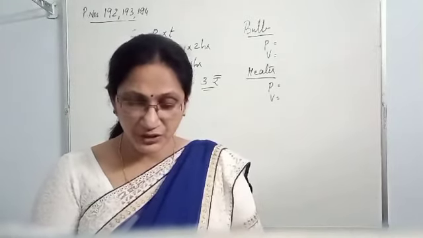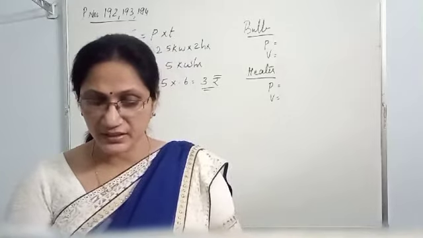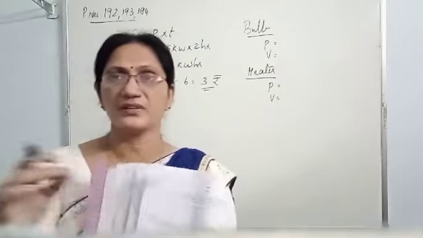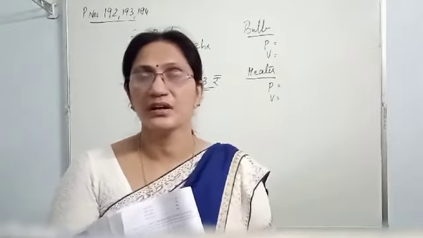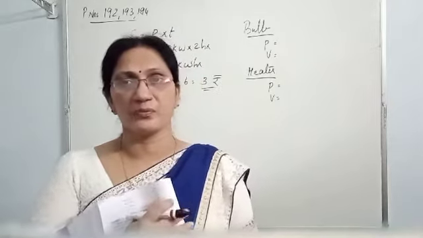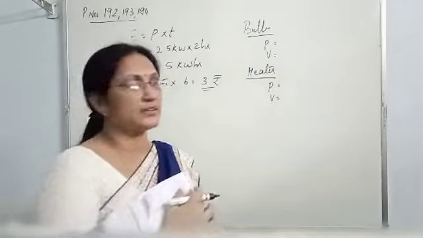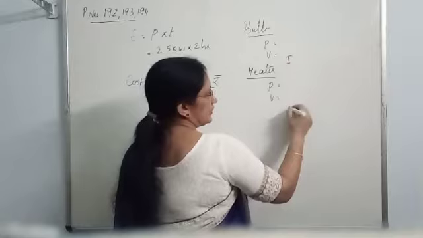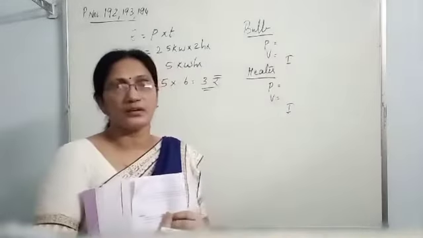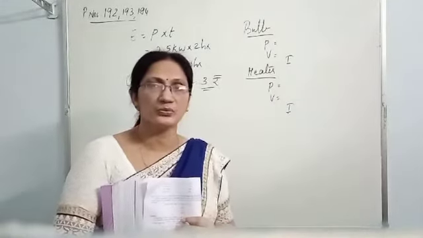Second part, in which of the above two devices a thicker lead is used? Lead means wire is used. For the connection of a bulb and heater, we don't use the same type of wire. That is decided by the current factor. I you can find out. In both cases, find out I by using the formula P is equal to VI.